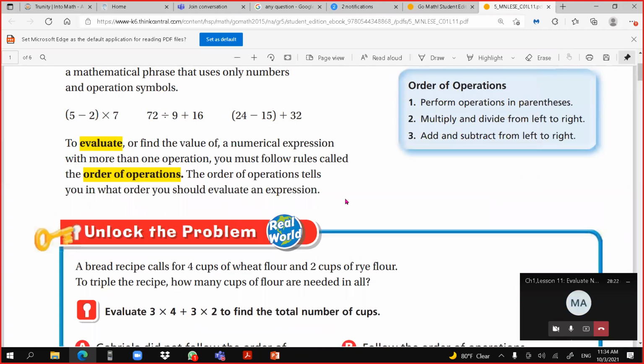Miss, I also on my mobile, it's shown. Okay, yeah.